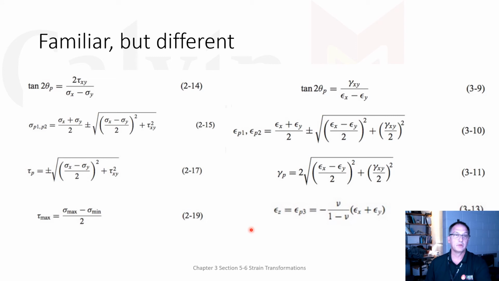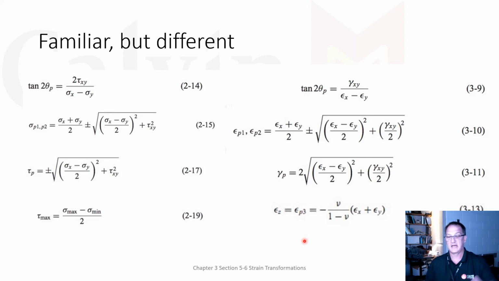The equations for the angle at which the principal strains take place, and then the subsequent equations for the principal strains, are all changed by that factor of 2. So I'm missing it here, where it had showed up there before. And now I've got my shear strain over 2, where it was just shear stress.